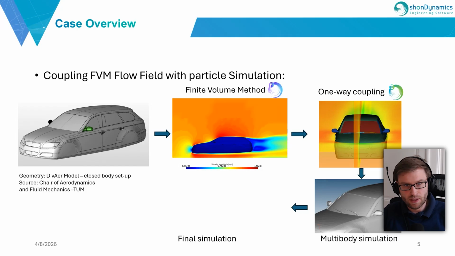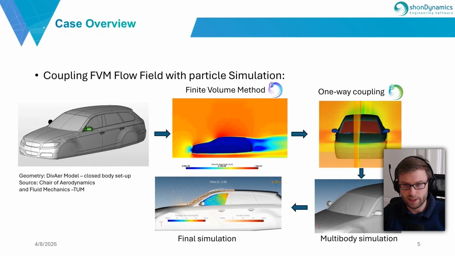The first step of our deep dive is the finite volume method simulation, where we simulate the flow field around the car. Then we will export and then import the flow field to shonDye. There will be a one-way coupling to the fluid. This means the airflow won't be disturbed by the fluid, but the fluid will be disturbed by the airflow around the car.